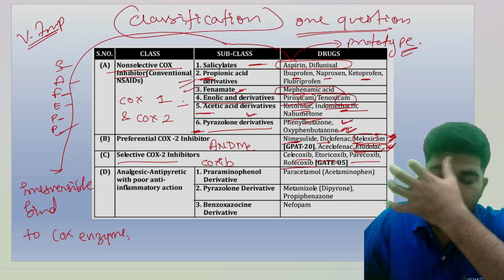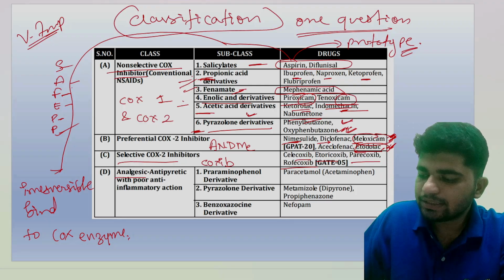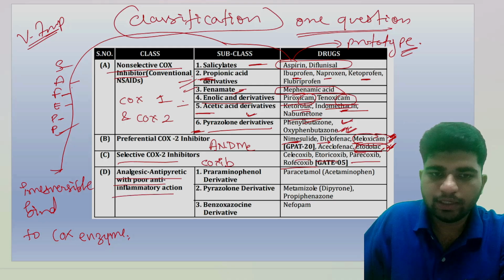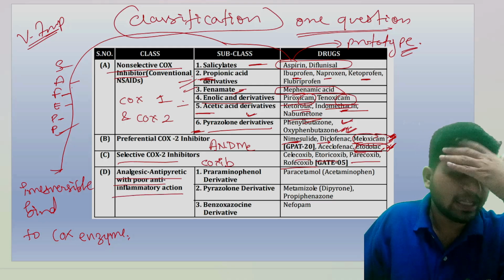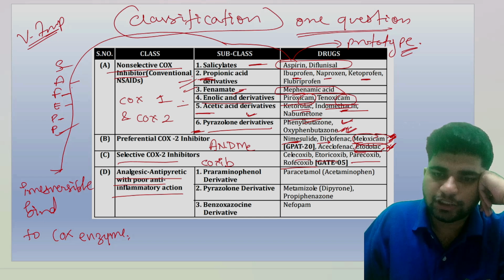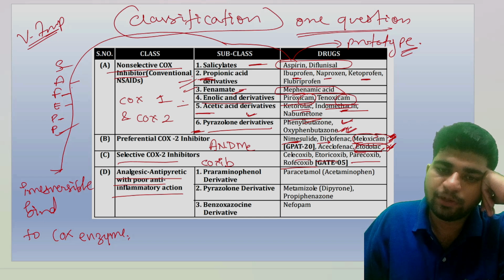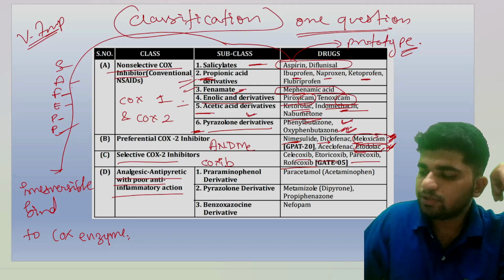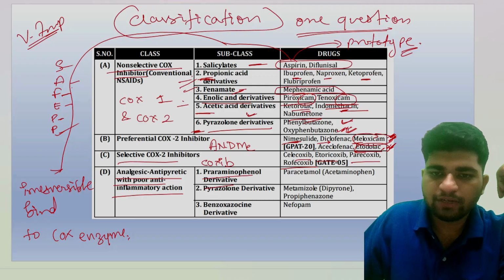All right. Next category is analgesic antipyretic with poor anti-inflammatory action. So these drugs have poor anti-inflammatory actions. First, we do have para-aminophenol derivative, that is paracetamol, acetaminophen.